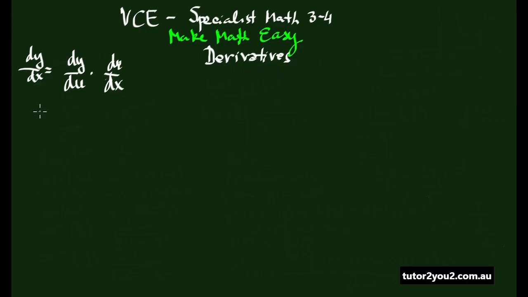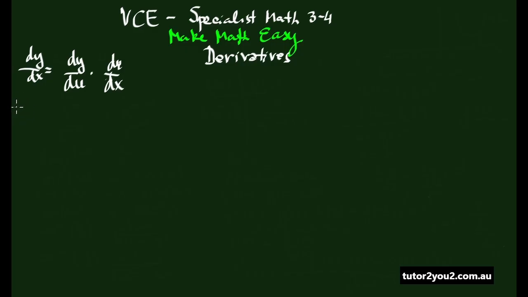So, there are some cases where we can't get a function with respect to x, so we use implicit differentiation.